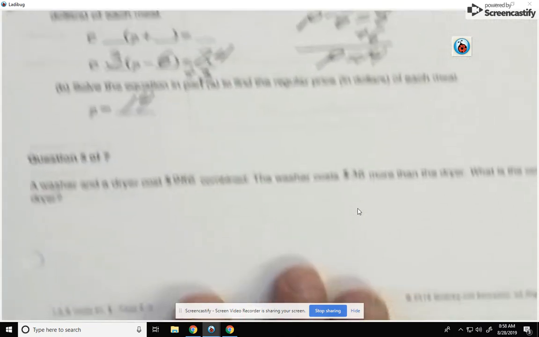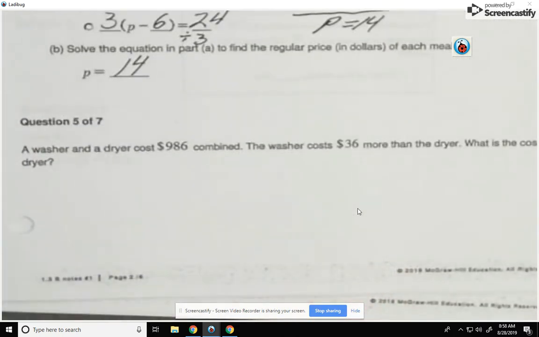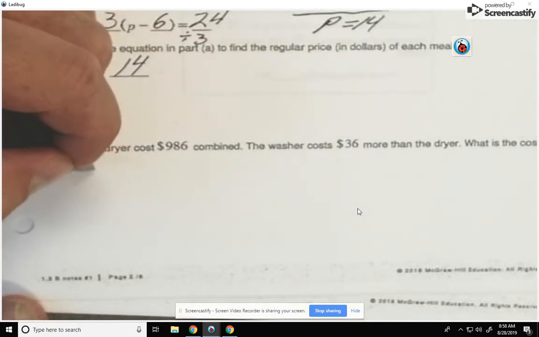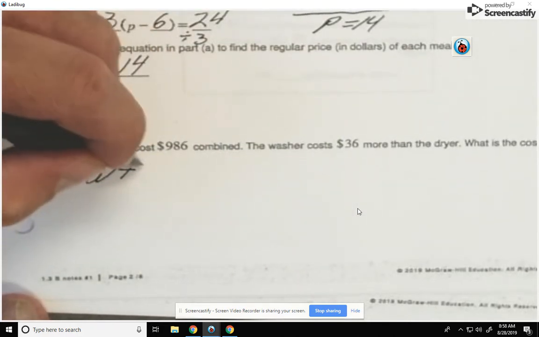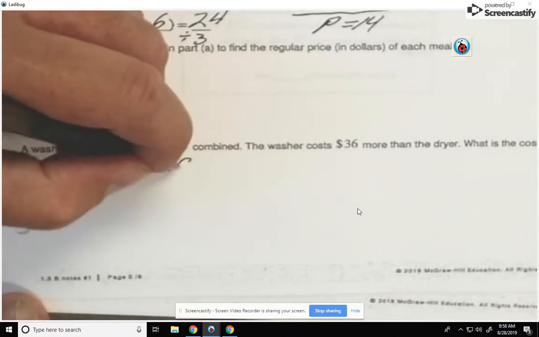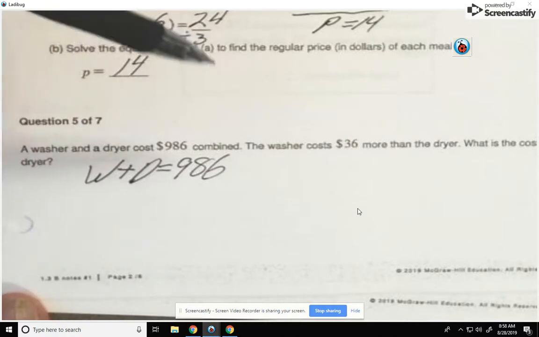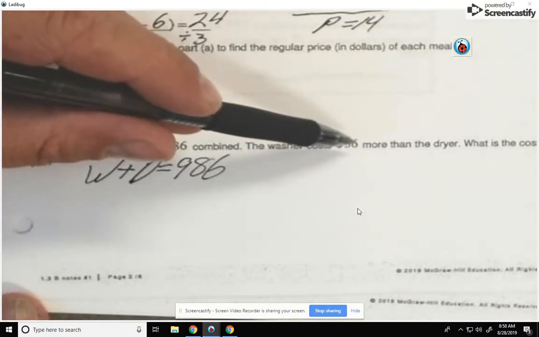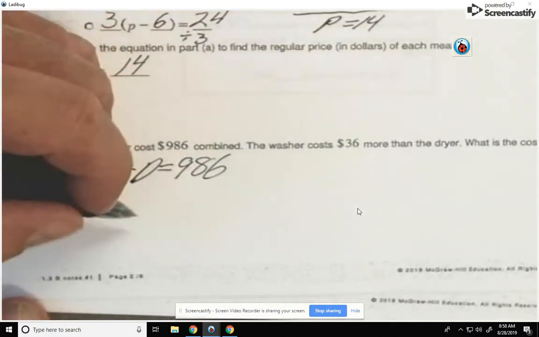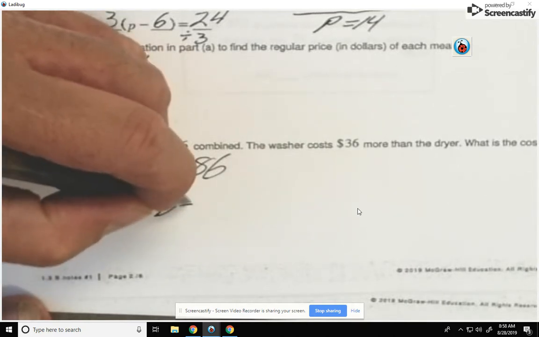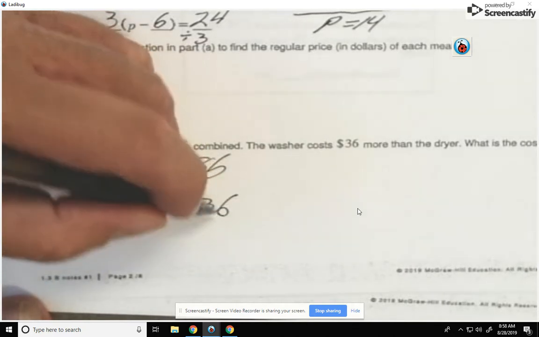Okay, question 5 is a little more difficult. We're told that a washer and dryer cost $986 combined. So we can say W plus D equals 986. We're then told that the washer costs $36 more than the dryer. So we can now say washer equals the dryer plus 36.